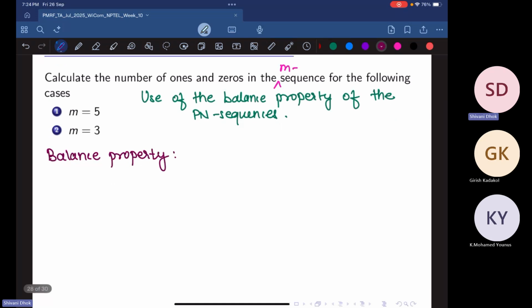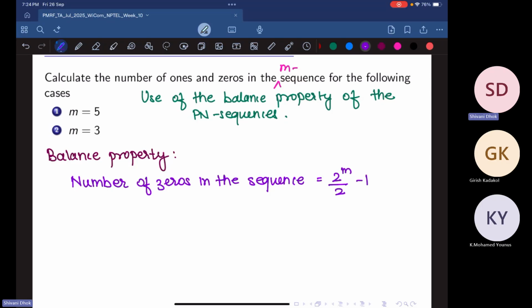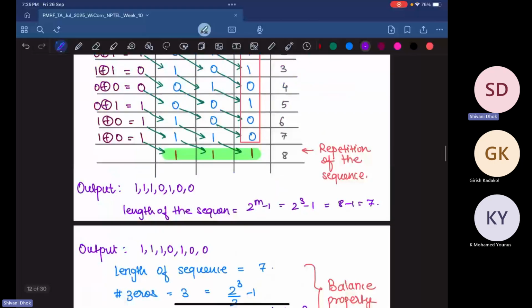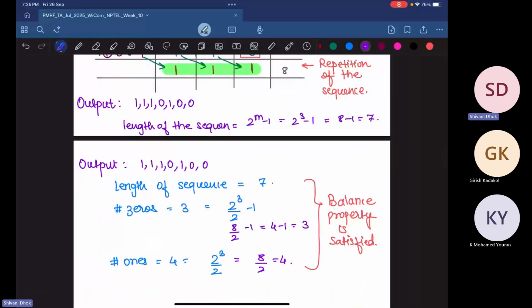For an M sequence, the number of zeros in the sequence is given by 2 to the power M by 2 minus 1, and the number of ones in the sequence, I think I wrote it in a different way, wait. Yeah, so zeros is 2 to the power M minus 1.